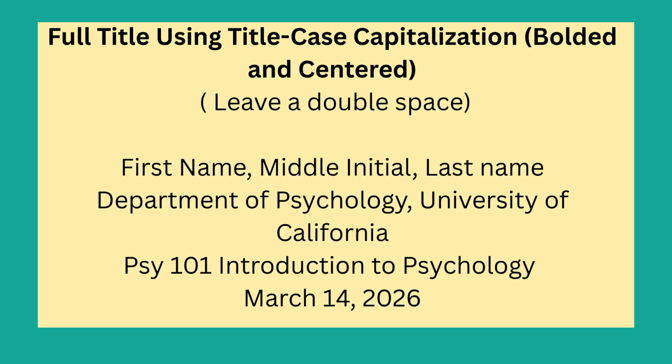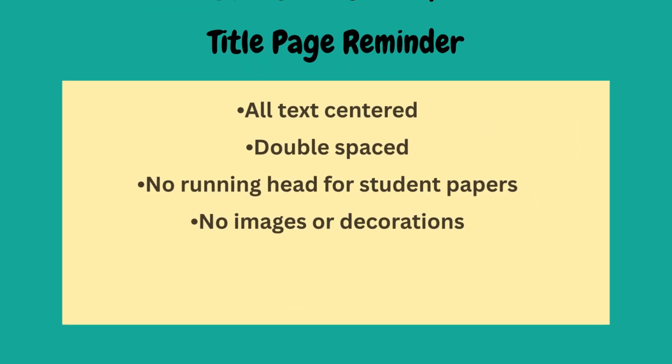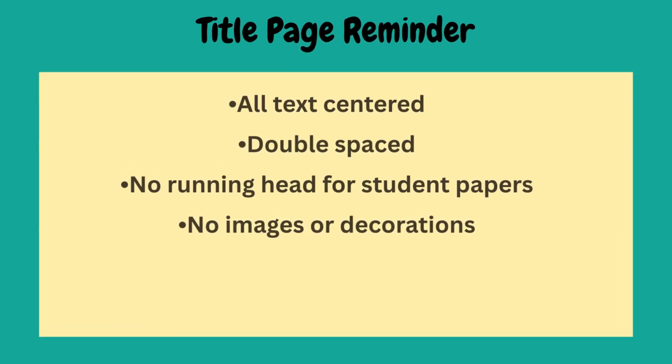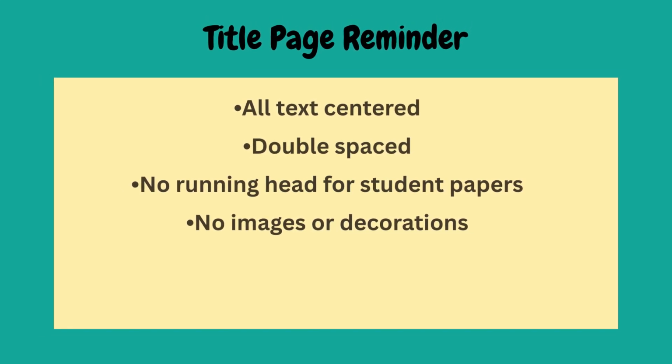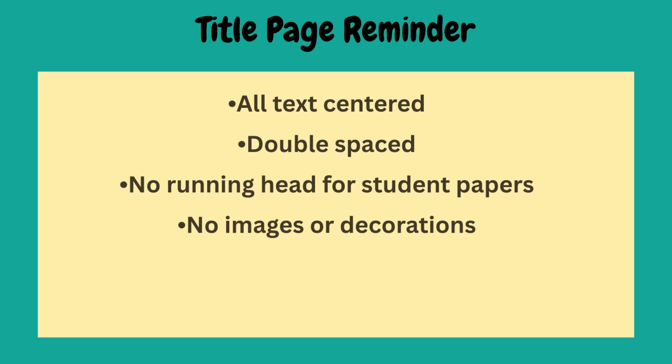For example, March 14, 2026. All of these lines should be centered and double-spaced. Avoid adding images, borders, or decorations. Another common mistake is adding a running head. In APA 7th edition, student papers do not require a running head, unless your instructor specifically asks for one.